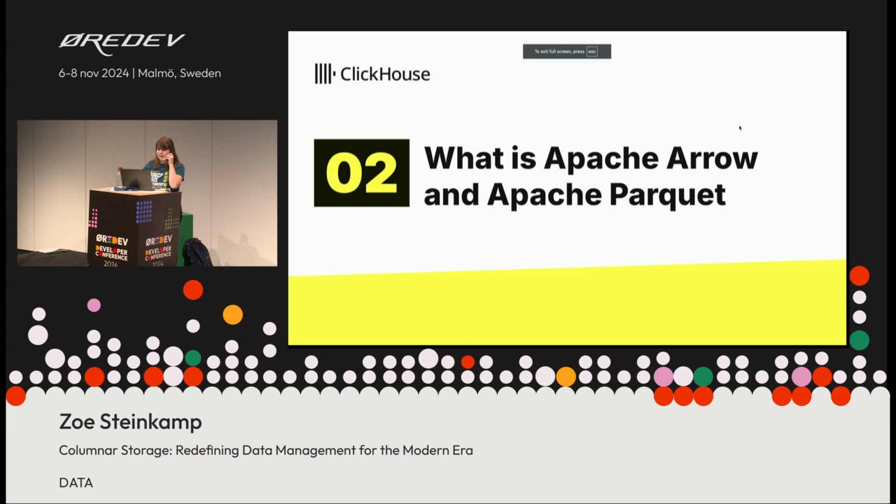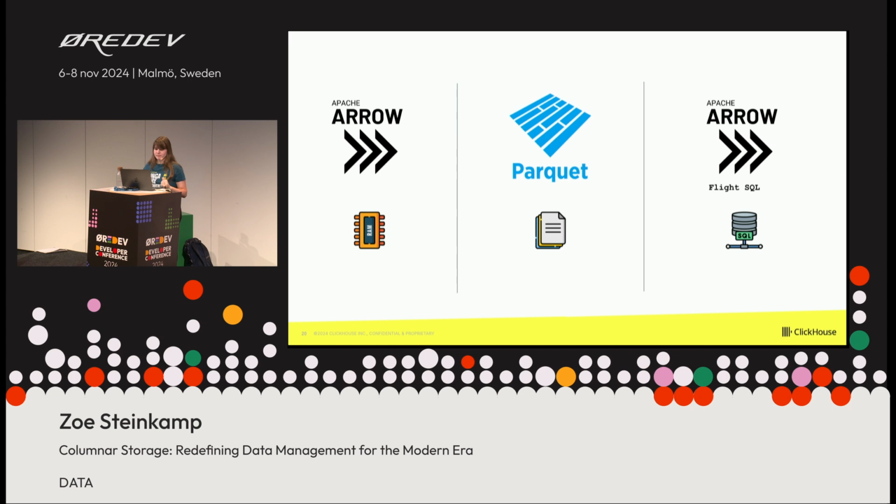So let's get into Apache Arrow and Apache Parquet, and just in general, Apache. So Apache Arrow is an in-memory columnar data format, which basically means that a lot of the modern columnar DBs out in the world use Apache Arrow as their in-memory data storage format. Then you have Apache Parquet, which is a file format specific for columnar data, which can be used by anybody.